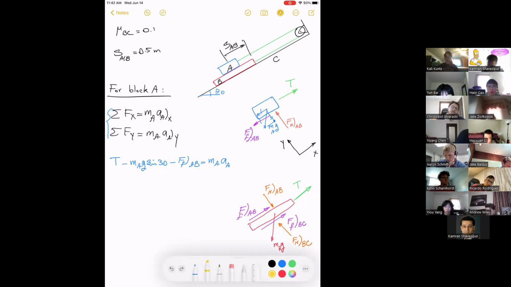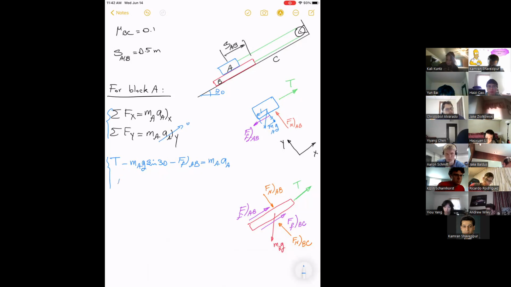And for the second one, summation of forces in Y apparently is not going to go up and down. This will be 0. So you will get Fn AB minus mg cosine 30 equals 0.